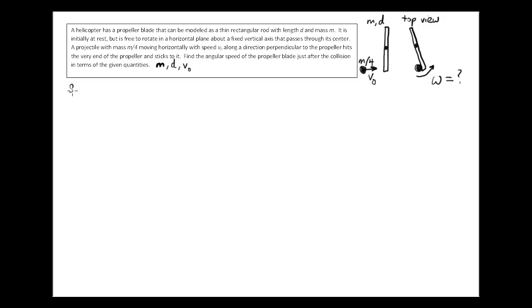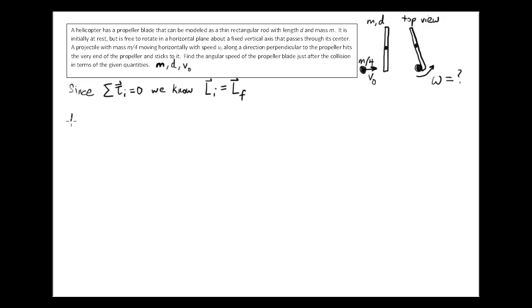So let me just summarize. Since the sum of all of the torques is equal to 0, we know that L initial, the angular momentum initial, is equal to L final. I'll put vectors on those just to remind us that torque and angular momentum really are vectors. And that means what we have to do is find L initial and L final, and set them equal.